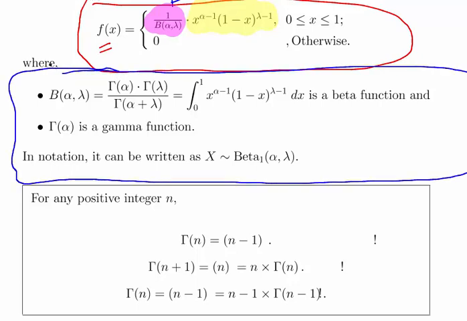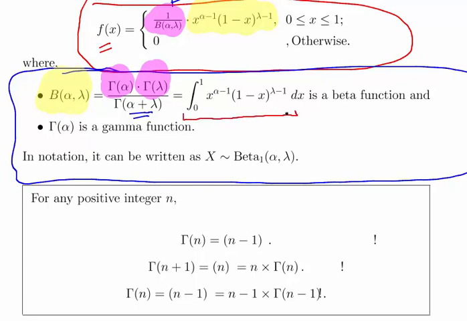The beta function is essentially going to do a lot of the hard work. Beta of alpha, lambda is equal to the gamma function of alpha times the gamma function of lambda divided by the gamma function of alpha plus lambda. Now this is also equal to this expression here.